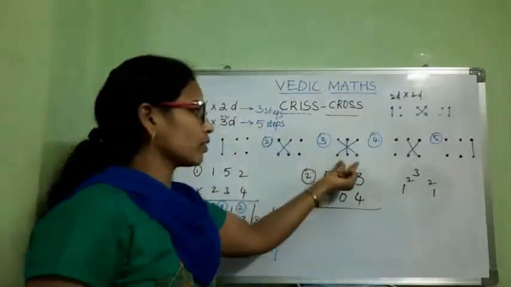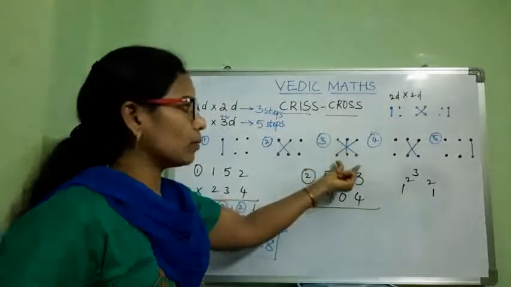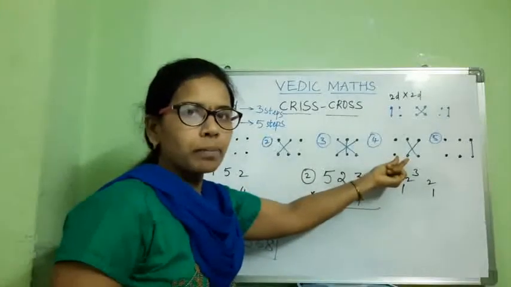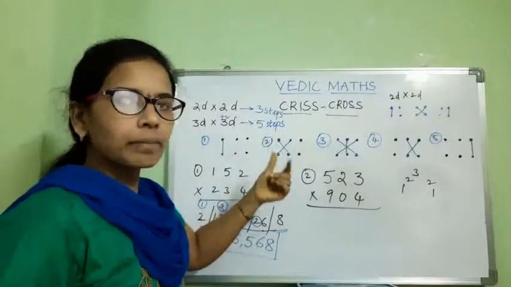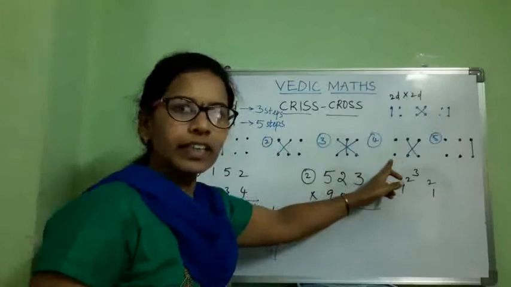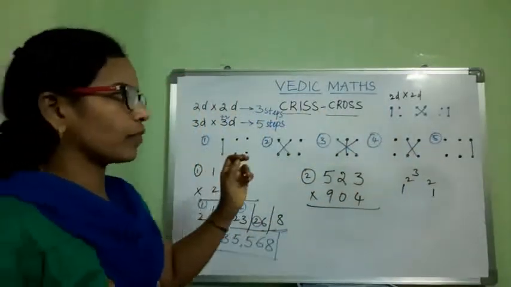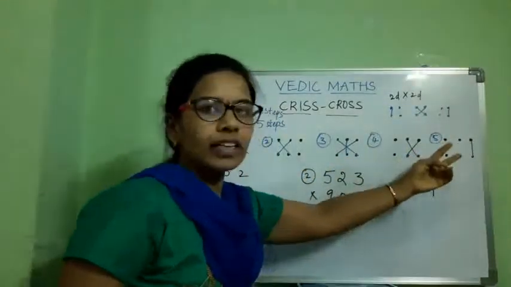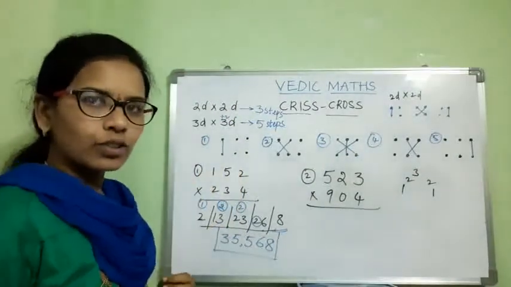But here if you observe, the third one is the middle one. In the middle one, we use all the column digits. For the fourth one, we do the multiplication reversely to the second one. That means here we leave the first column digits. And the fifth one is reversed to the first one. From the last we have to do. That means we leave the first 2 column digits, here we leave the last 2 column digits.